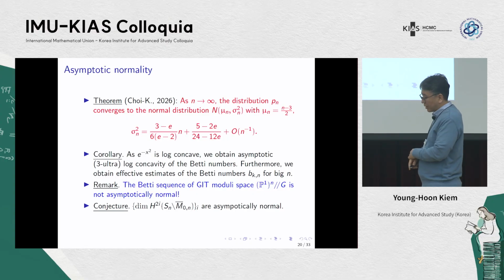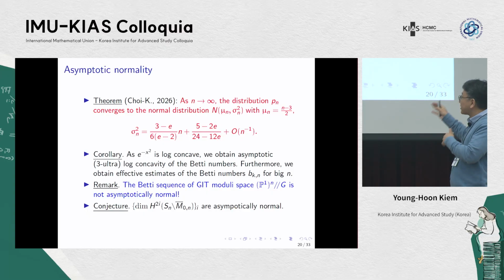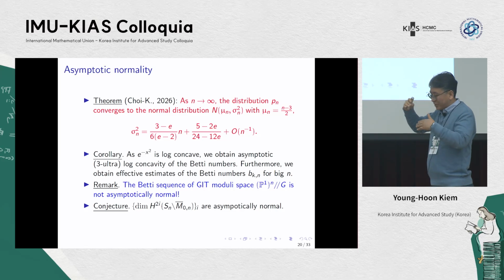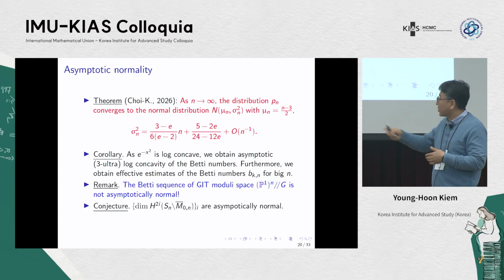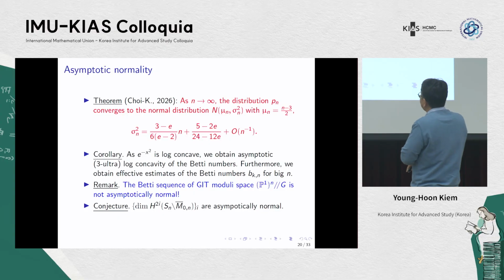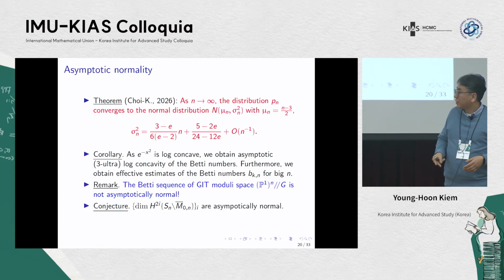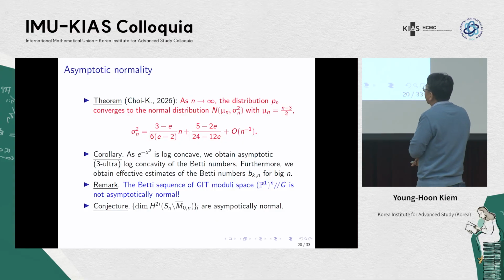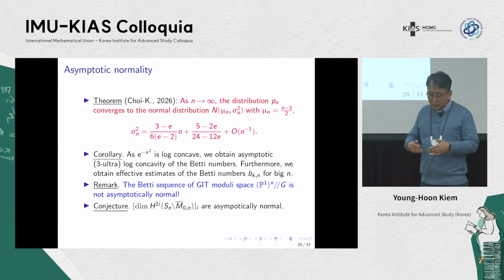It's not just log-concave, it's ultra log-concave. Ultra means even if you divide your probability distribution by the binomial coefficient, you still get log-concavity. Ultra 3 means you can divide it by the binomial coefficients cubed, and you still get log-concavity. And also we can obtain very effective estimates of the Betti numbers of M0,n bar for large enough n.